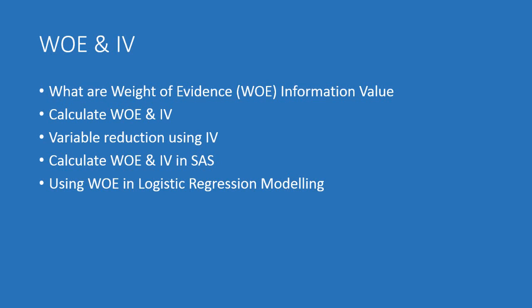And then we will learn how to use these concepts in order to build the models. So we will learn how to do variable reduction using information value, and then how to calculate the WOE and information value in SAS. And finally, we will learn how we use the WOE concept in logistic regression modeling.